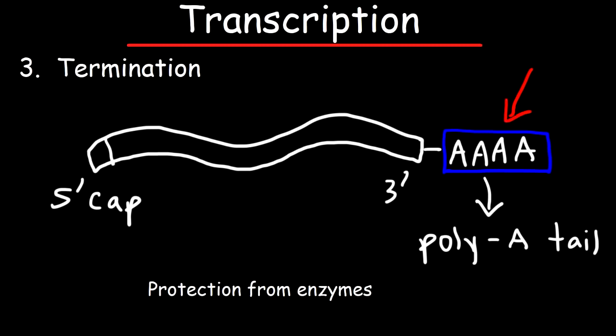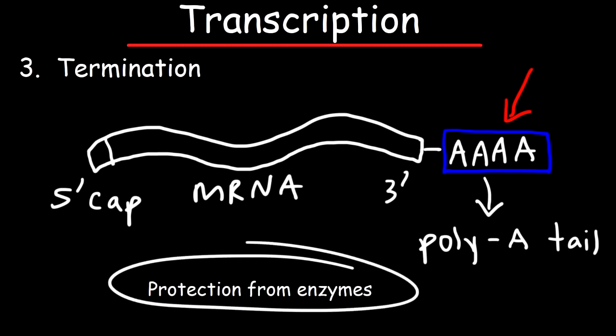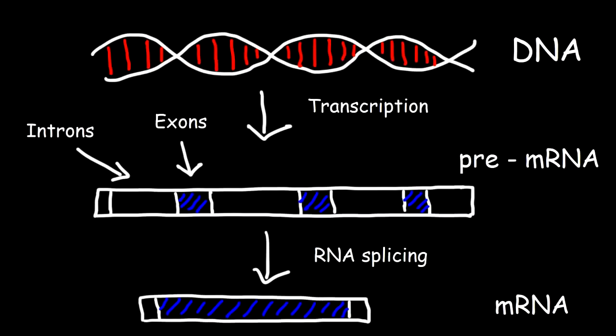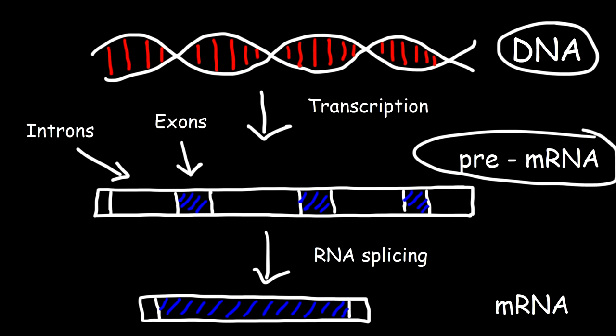Now, also during the beginning of transcription, the 5' end is also capped, and the reason for this is to protect the mRNA strand from being degraded by certain enzymes. At the end of the termination step during transcription, DNA has been used to create a pre-messenger RNA strand.